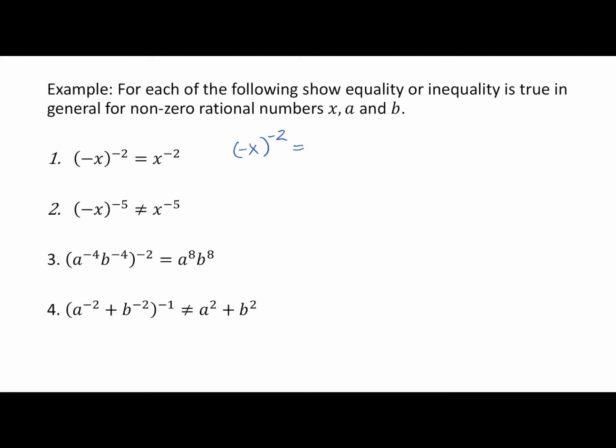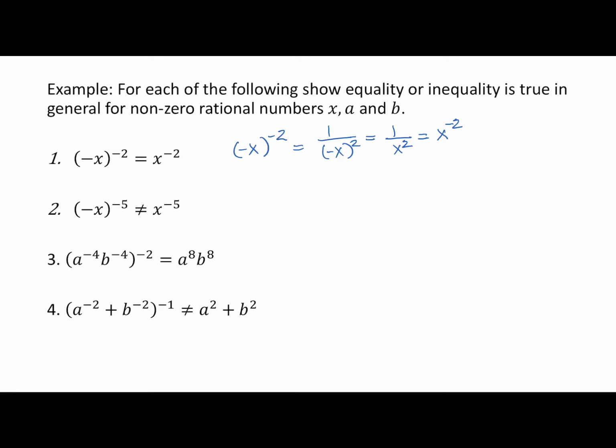Well, my rule says when I take something to a negative exponent, that's the same as 1 over negative x now to the positive 2, which is 1 over, well, it's negative x times negative x. The negatives cancel, so I'm just left with x squared. And now if I work that property backwards, I can rewrite this as x to the negative 2. All right, so that's why number 1 is true.